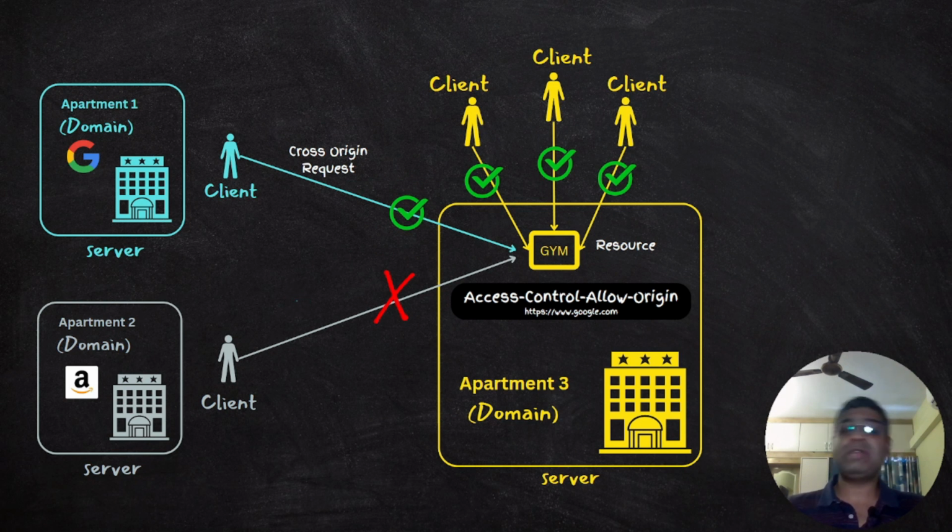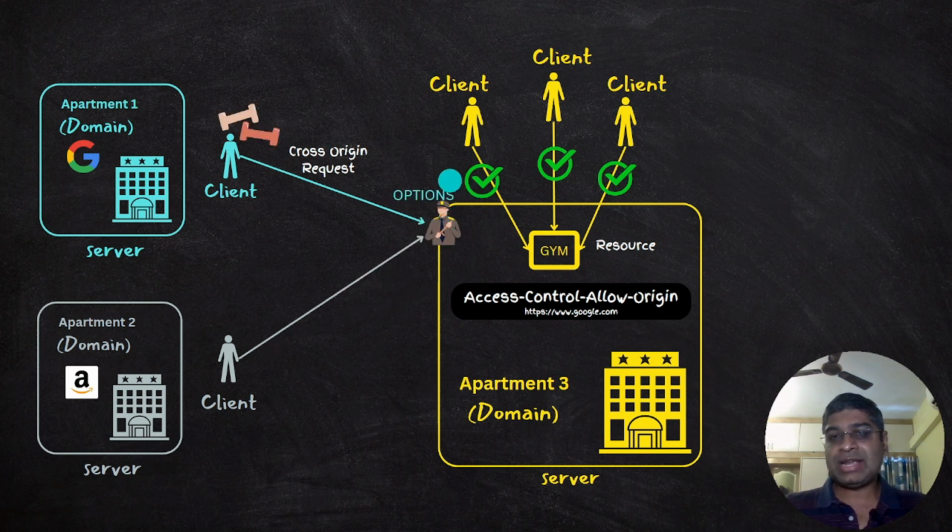Now, where would options fit in this analogy? Options loosely relates to a security guard standing at the gate of your apartment. Why would this security guard come into the picture?